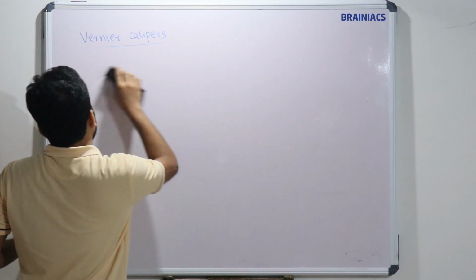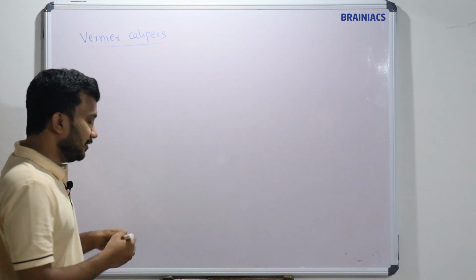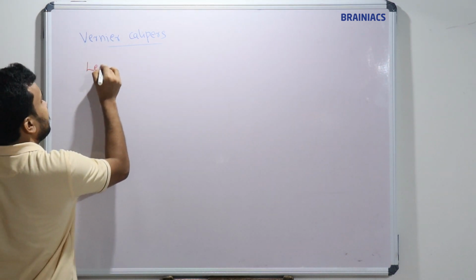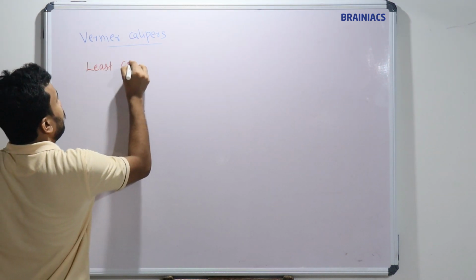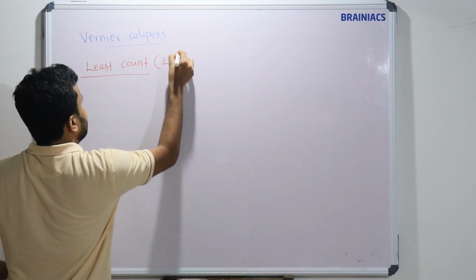Before going to the diagram of the vernier caliper, I would like to introduce one term called least count. These are some of the terms we must know in order to answer it. Least count, this is called LC.